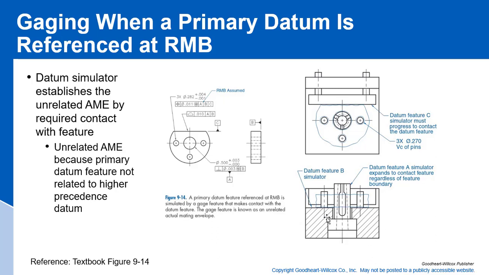So instead of just making a center plug in here at the maximum material boundary, we have to have an expander that finds this datum regardless of its material boundary. So it's a lot more complex than coming up with a gauge that just checks at MMC.